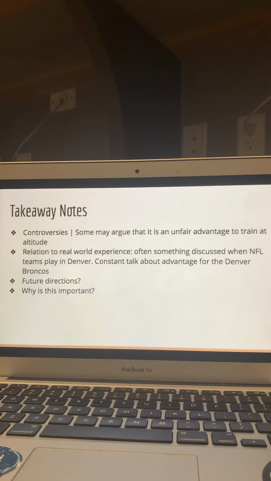The initial takeaway notes I want to include over this presentation are some controversies that have been brought up based on altitude training. It alters the physiology of the body and gives athletes a competitive edge, and some people may argue that altitude training gives an advantage over others that don't have the opportunity to train at altitude.